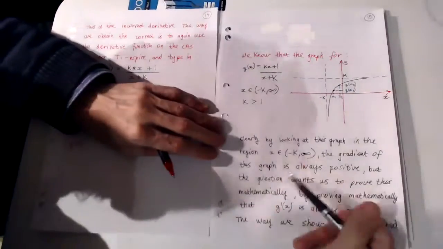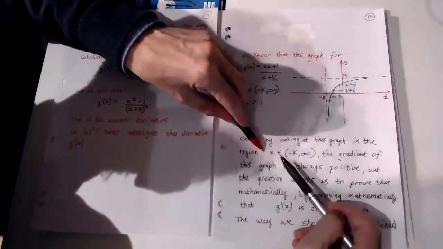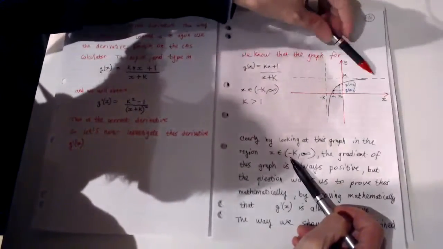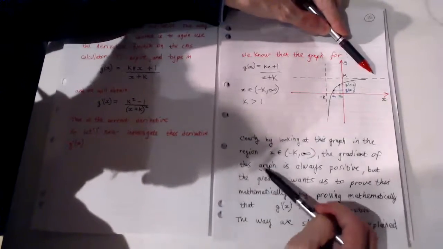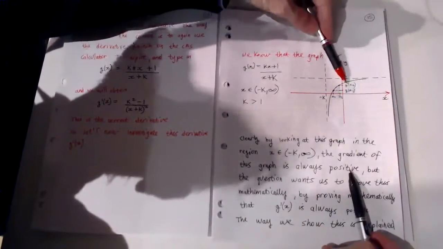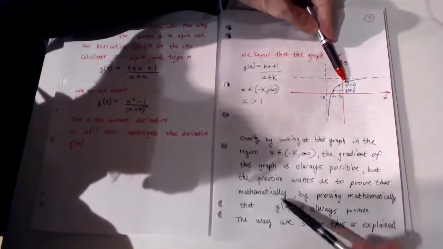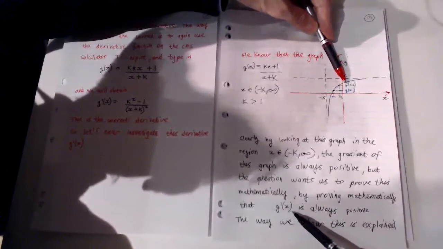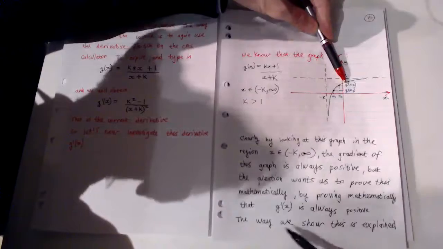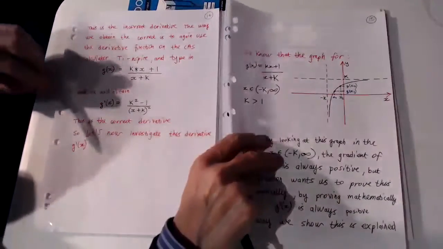Now, clearly by looking at this graph, in the region where x is between negative k and infinity, the gradient of this graph is always positive. But the question wants us to prove this mathematically, by proving mathematically that g'(x) is always positive. The way we show this is explained in the following manner.